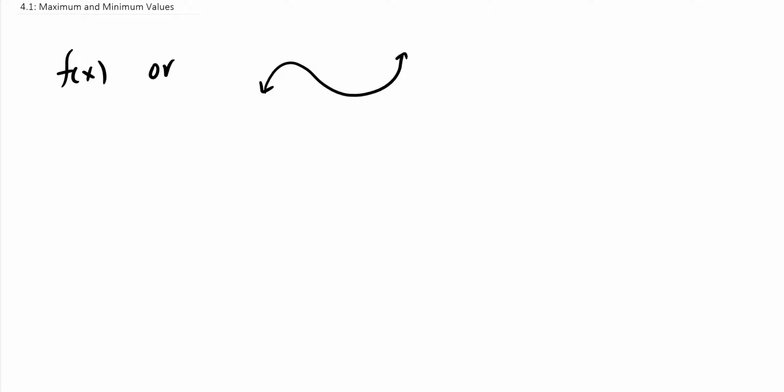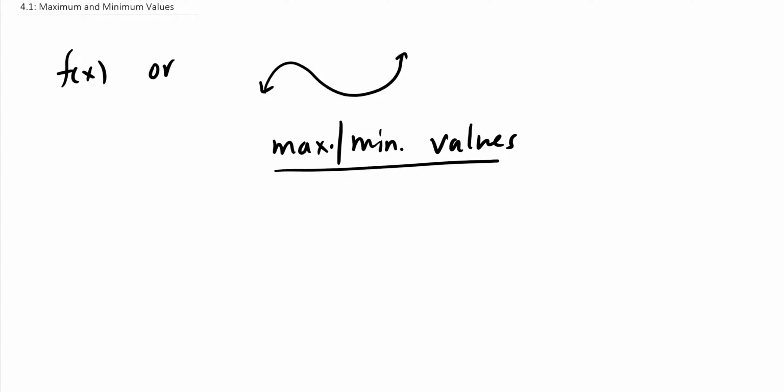Before we learn how to find the minimum and maximum values, it's important to classify them. For maximum, we're going to write max, and for minimum, min values. There are two different kinds of min and max.